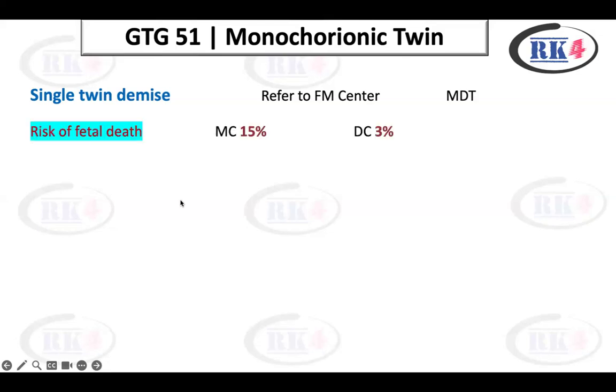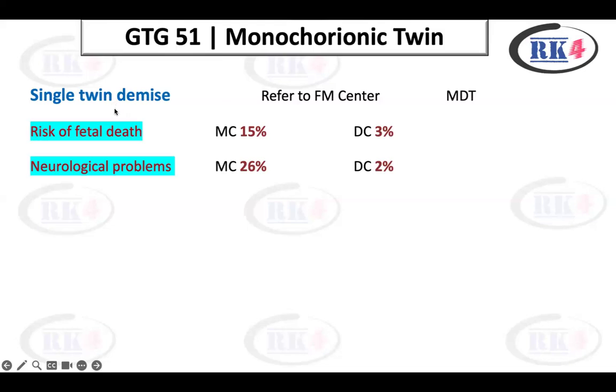As there are placental anastomoses, if one baby dies, there is a risk of fetal death of the other baby. So in the monochorionic, the risk of fetal death is 5%, as compared to dichorionic, which is 3%. So that means it's very high in the monochorionic twins. And risk of neurological problems in the monochorionic twins is 26%.